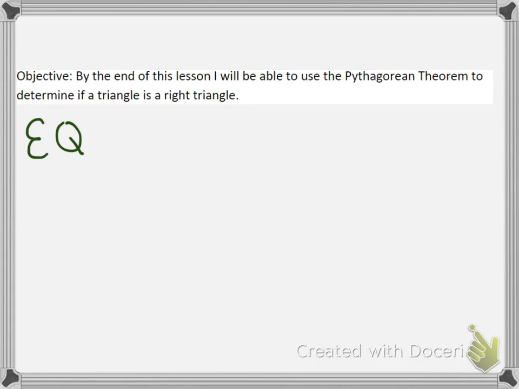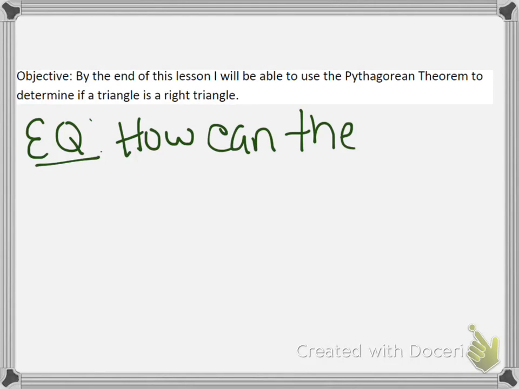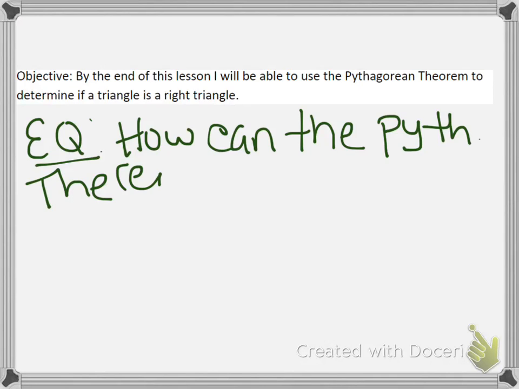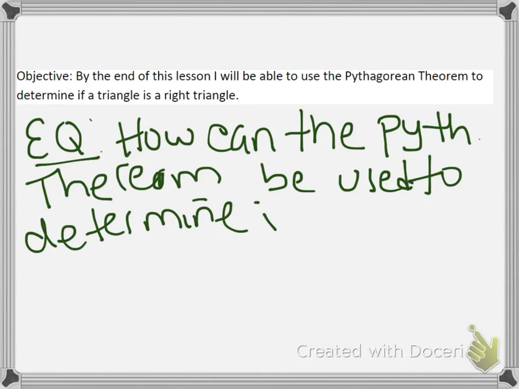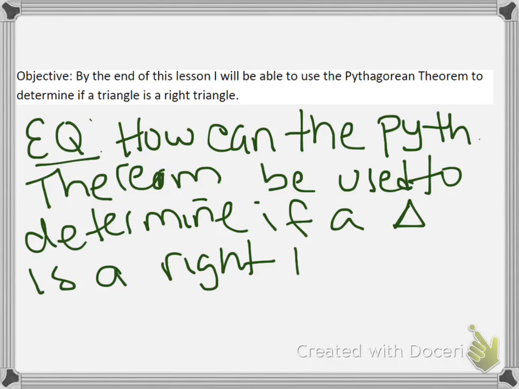Essential question: how can the Pythagorean theorem be used to determine if a triangle is a right triangle? That's our goal for this station.